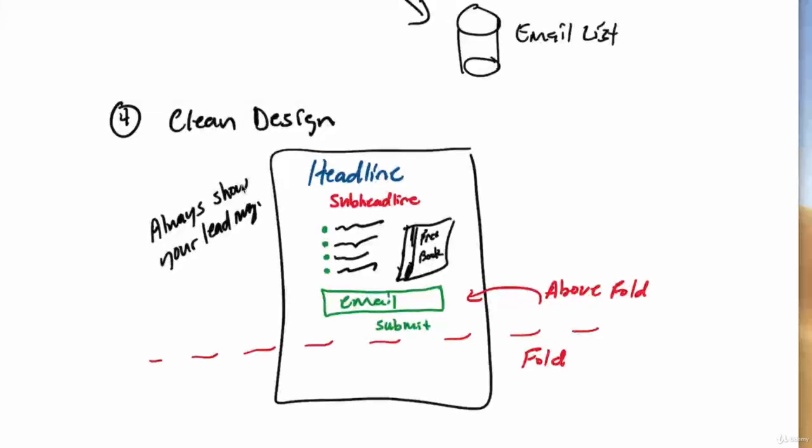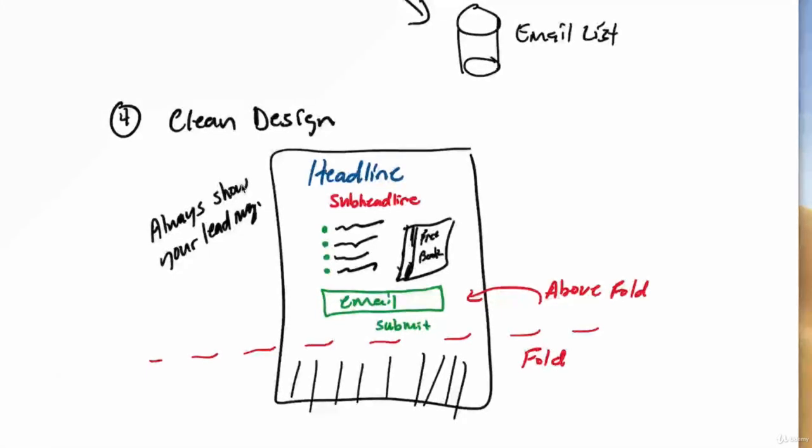Now you can put whatever you want below the fold, okay? This can be anything you want on this page. Doesn't matter what it is, okay? Content, you can add more things that hopefully will help you to sell people on giving you their email address and stuff like that.